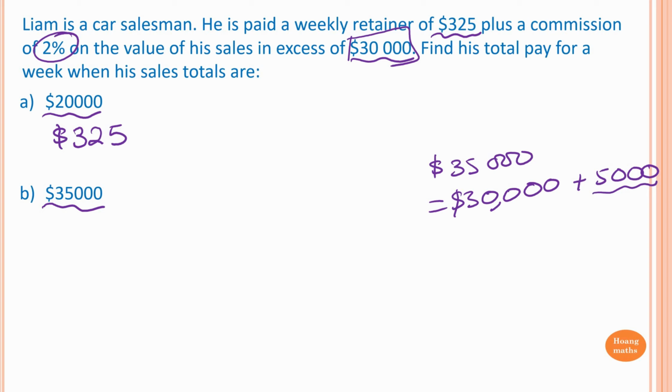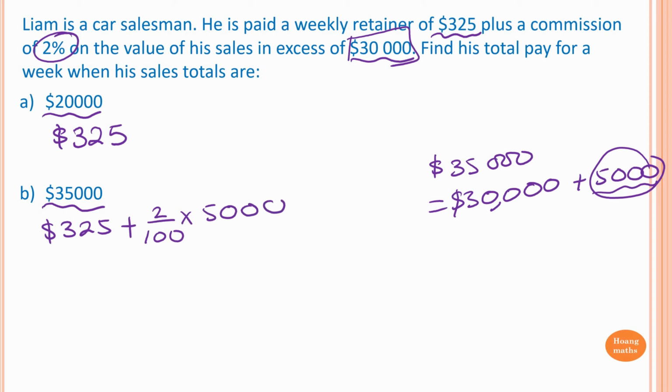His pay will be $325 plus 2% on this amount, which is 5,000. So 2 over 100 times 5,000. I can cancel these zeros, so 2 times 50 is 100. Add 325, and we get $425. That is his income for the week.